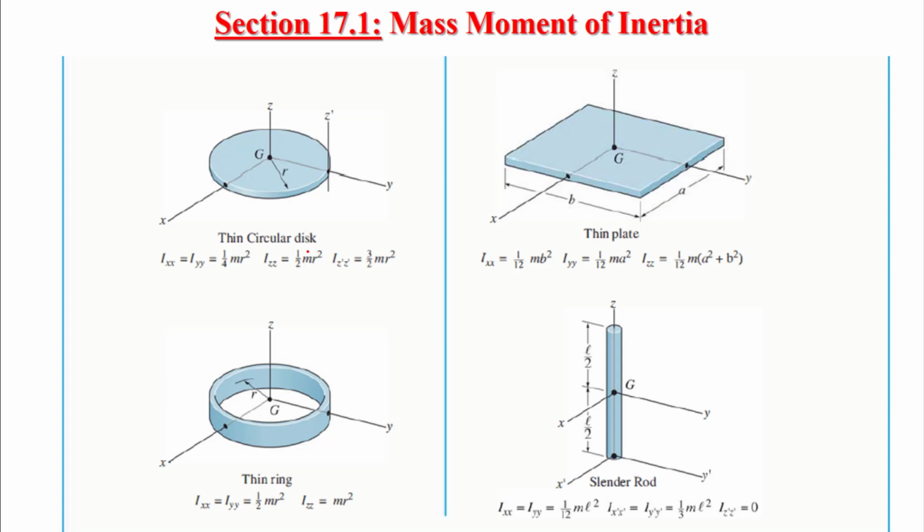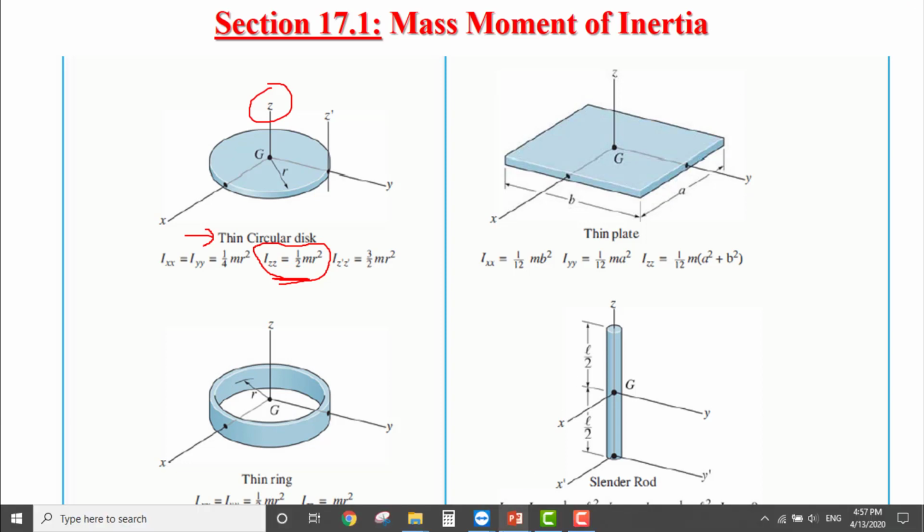We will benefit from this shape, thin circular disk. The axis that we have passes through the centroid, so I will take this equation because we have a similar condition. The rotational axis passes through the centroid, which gives half m r squared.